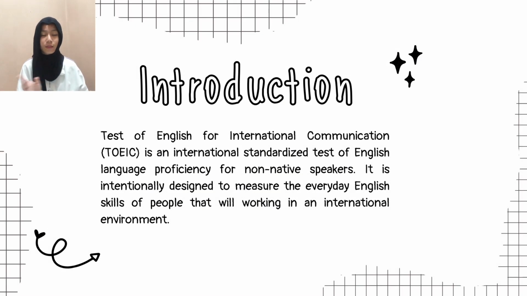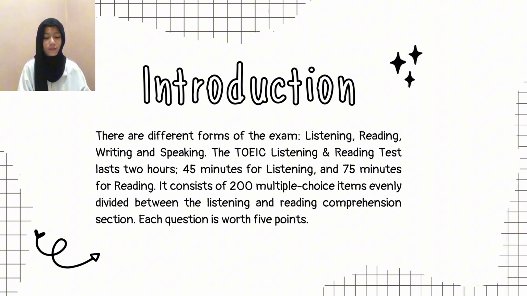TOEIC is a test of English for international communication, and it is an international standardized test of English language proficiency for non-native speakers. It is intentionally designed to measure the everyday English skills of people who will be working in an international environment. There are different forms of the exam: listening, reading, speaking, and writing.